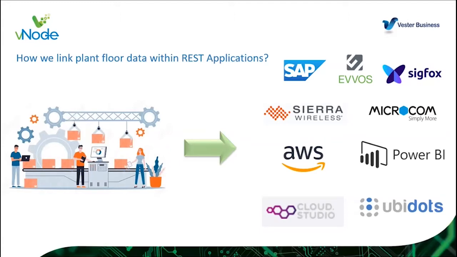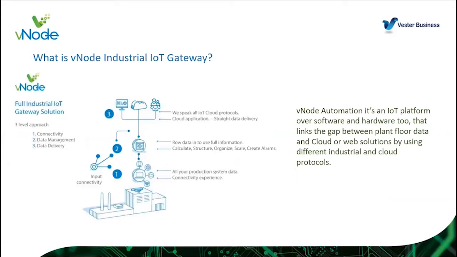APIs. Okay, so the way we link this is over a platform called vNode Automation. vNode Automation is an industrial IoT gateway. It's an industrial IoT platform that allows us to link two worlds, the OT world with the IT and cloud services applications.